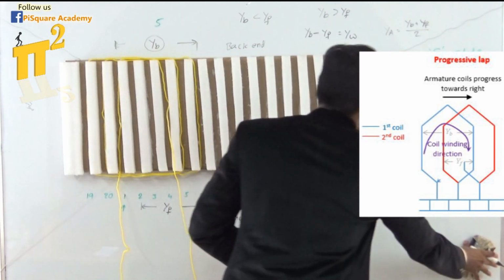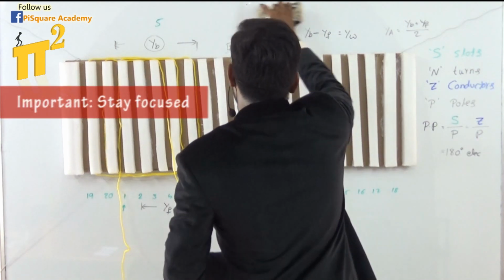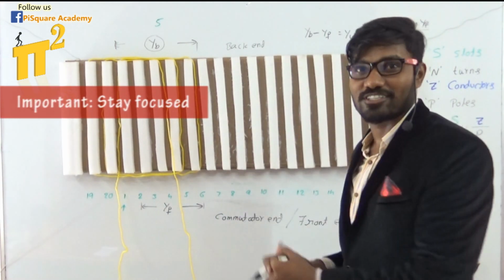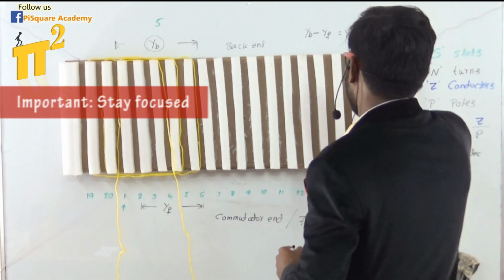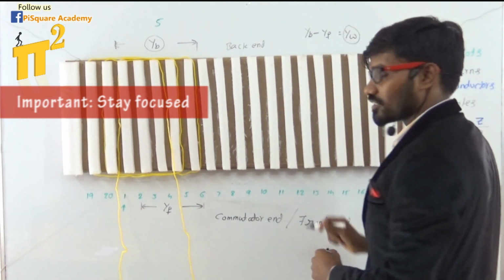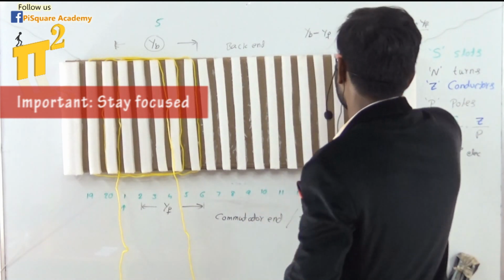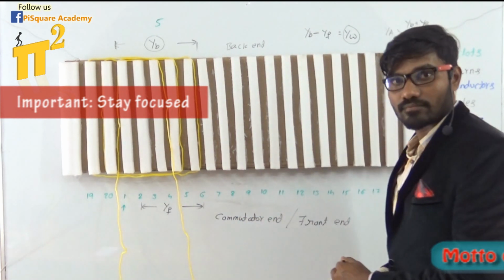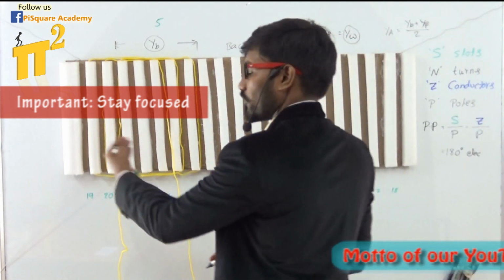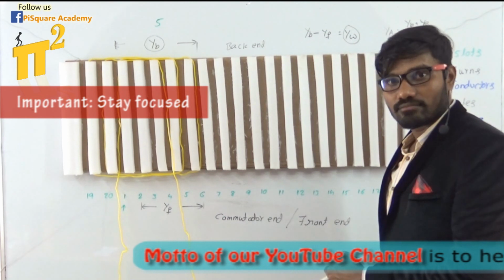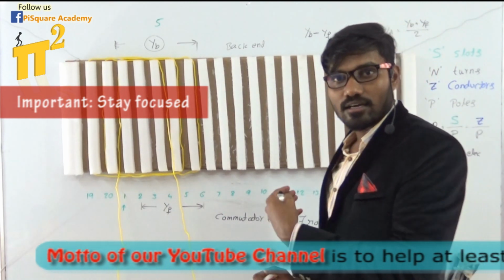Which means you can now understand why this is named winding pitch. By looking at the winding pitch, we can say what type of winding it is. If winding pitch is negative, we call it a retrogressive winding. If winding pitch is positive, we say it is progressive winding.